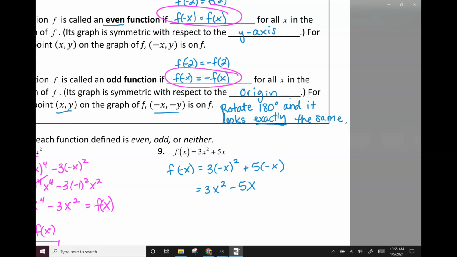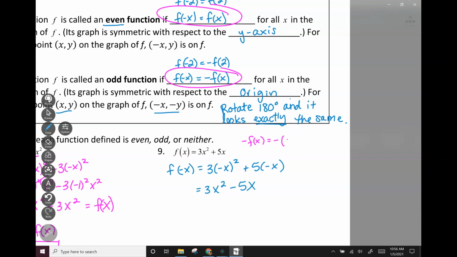So you could do a couple of things to determine whether it's odd. For odd, you see that the whole function needs to have been multiplied by a negative. So you could see what negative f of x is. Take this one step at a time.